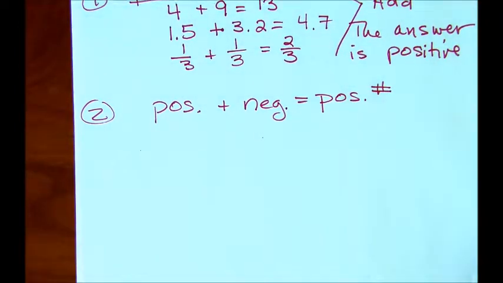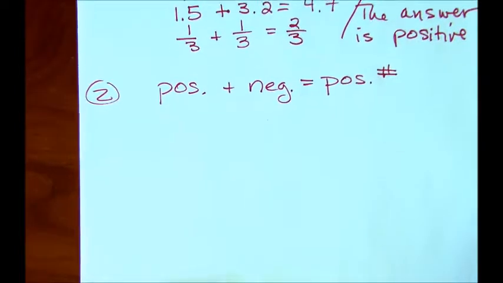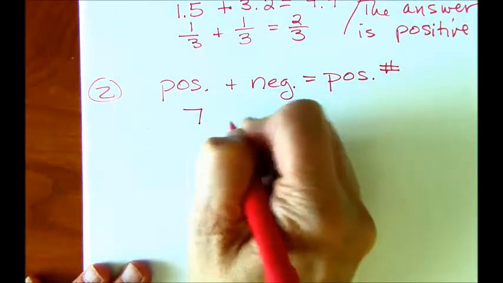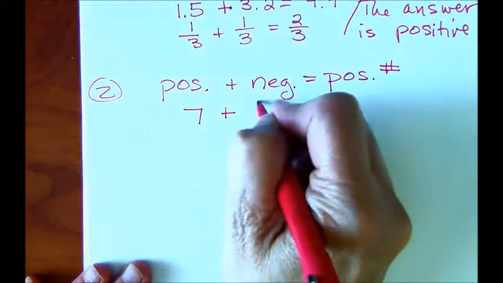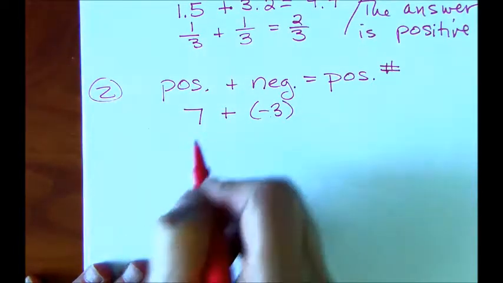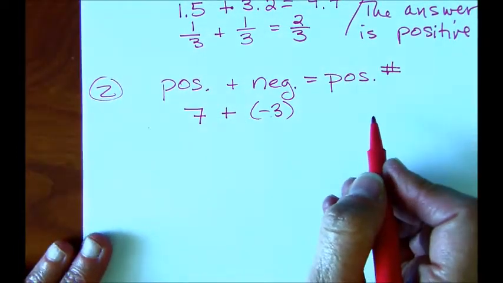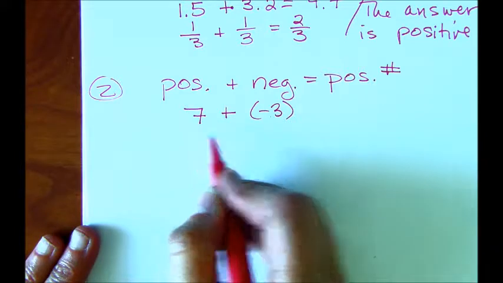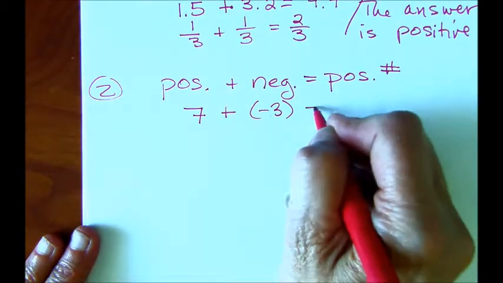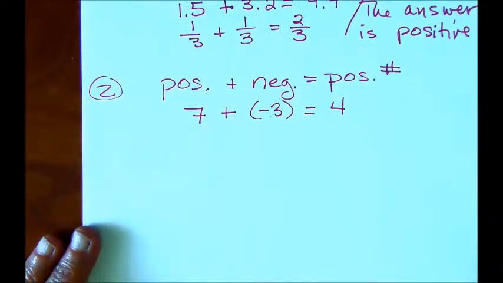Okay, so let's say we have 7 plus negative 3. So 7 plus negative 3. I have 7. I'm going to take away 3. I'm going to have 4 left over.